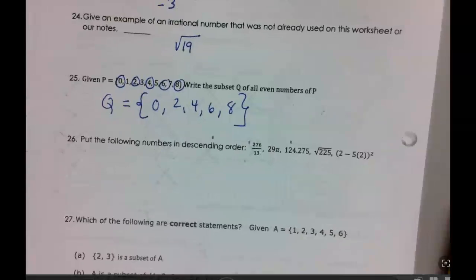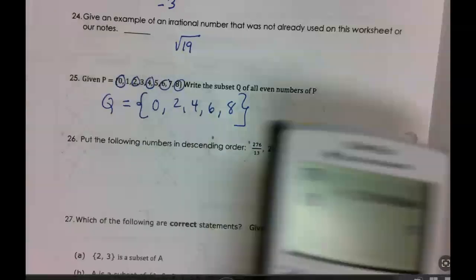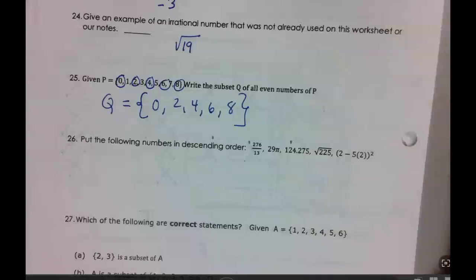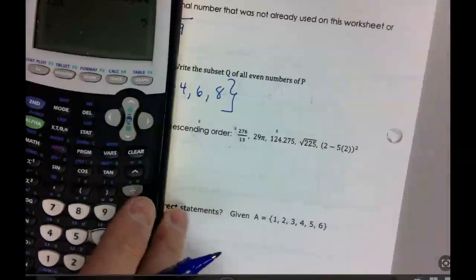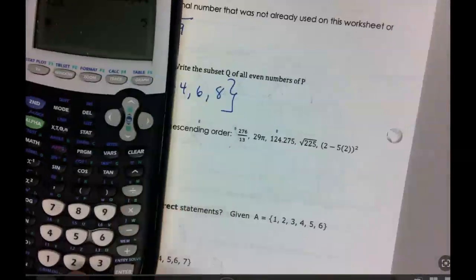Put the following numbers in descending order. So we're going to change them to what? Decimals, aren't we? So now we're going to use our calculator. So we're going to take 276 divided, was that 13? So 276 divided by 13.